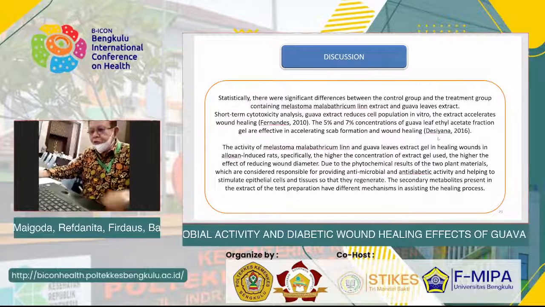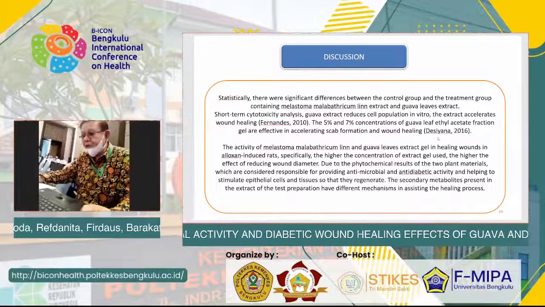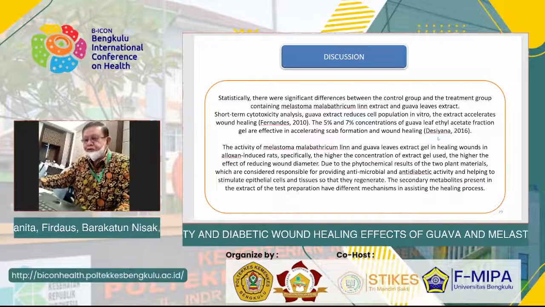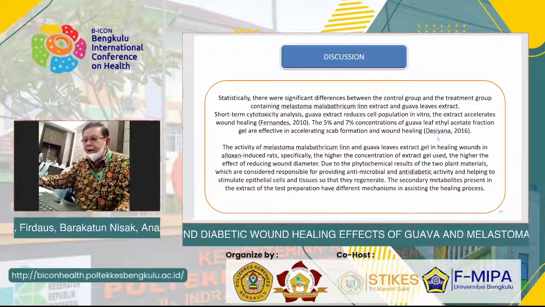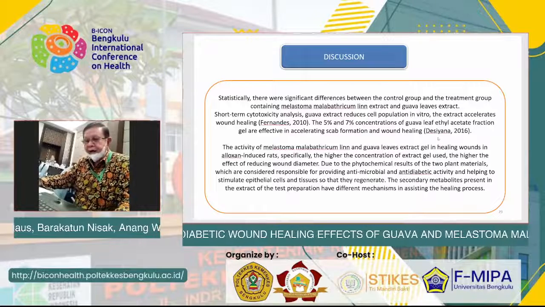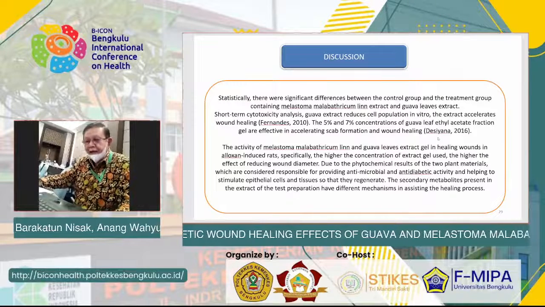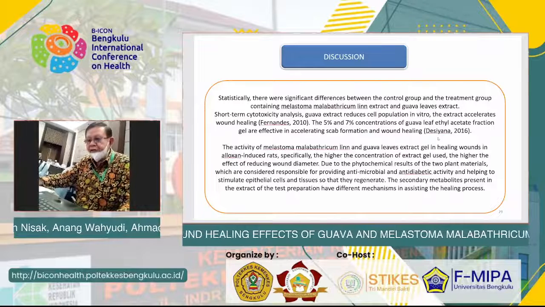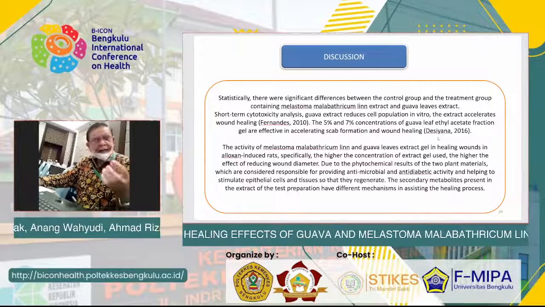This is due to the phytochemical results of the 2 plant materials, which are considered responsible for the antimicrobial and anti-diabetic activity, helping to stimulate epithelial cells and tissue to regenerate.